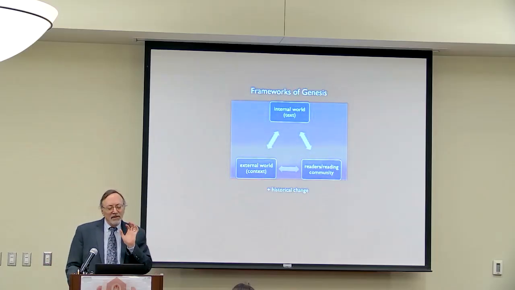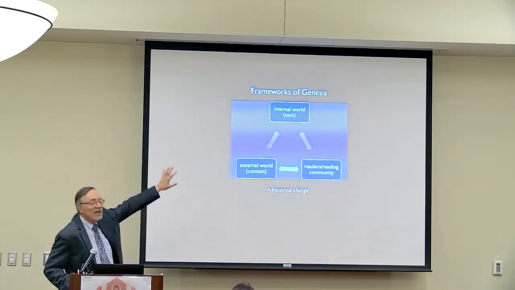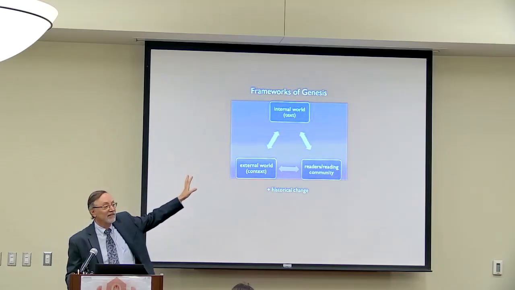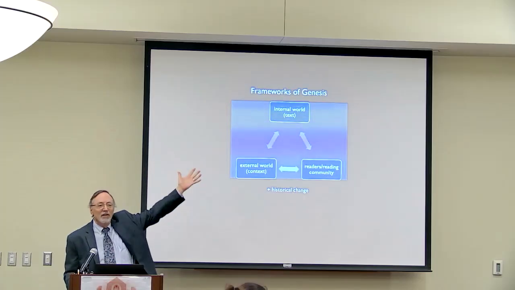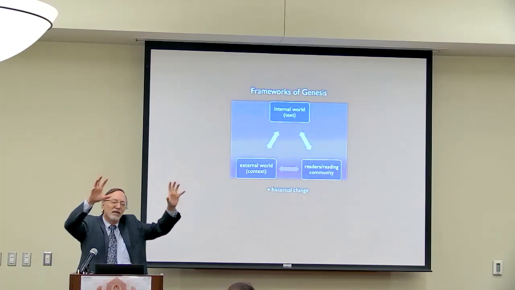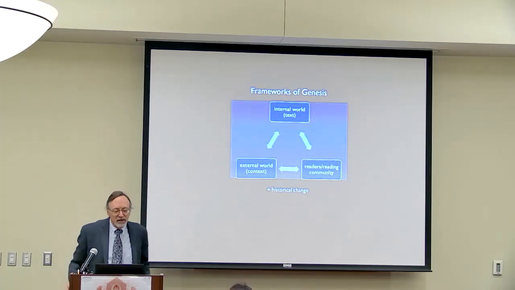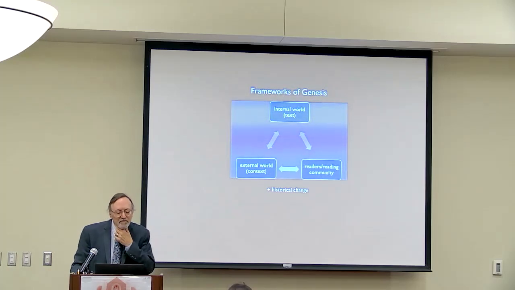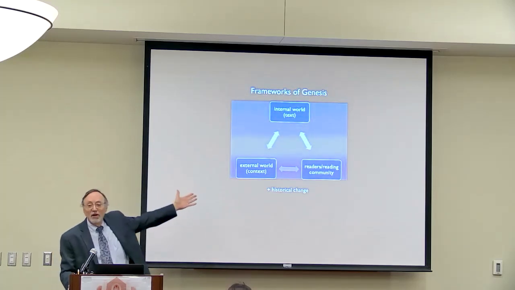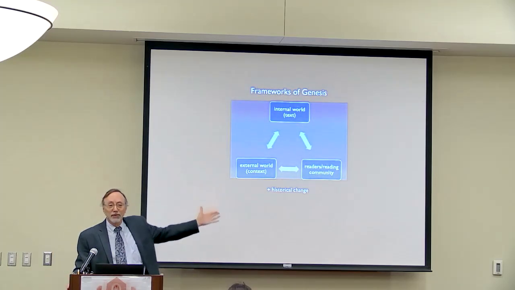So there's a diachronic dimension of historical change in the internal world of the text. The internal world changes from its kernels of different prior texts to its later textual elaborations. Clearly, the external world also changes, has a historical dimension.